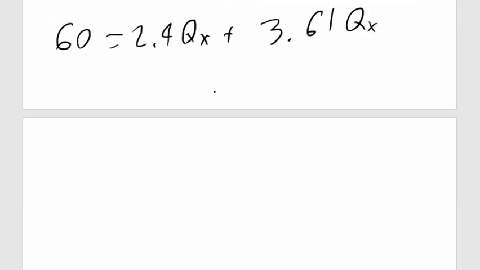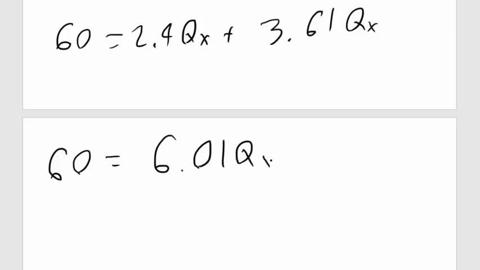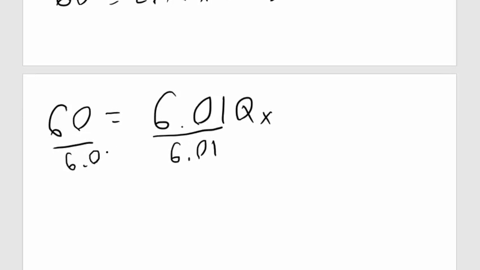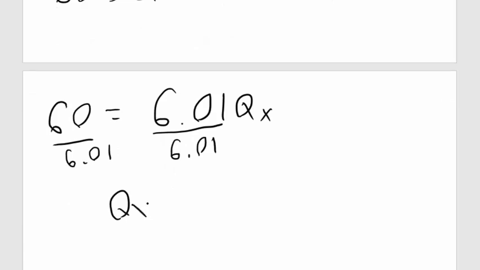And now I can combine like terms, so I'm left with 60 equals 6.01 qx. And then if I divide both sides by that 6.01, I am left with a q of x equals 9.98.